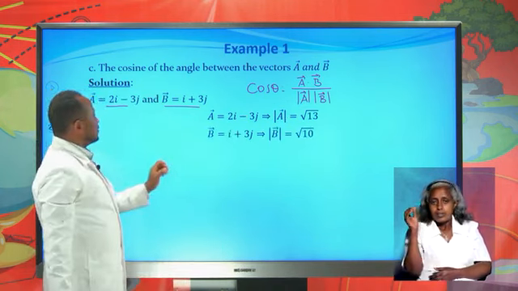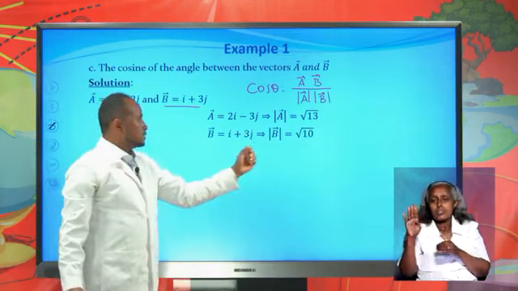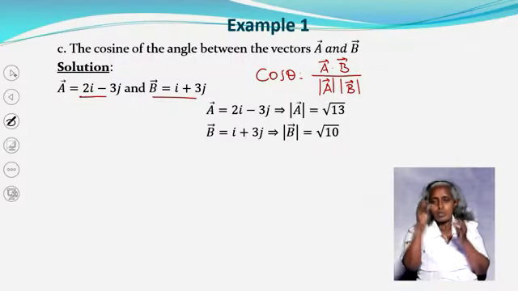And the magnitude of vector B is the square root of 1 squared plus 3 squared, which gives square root of 10.